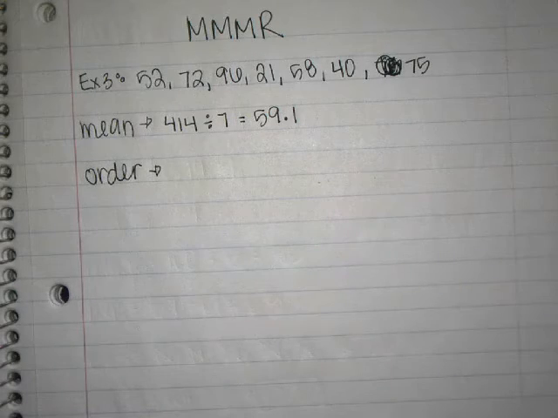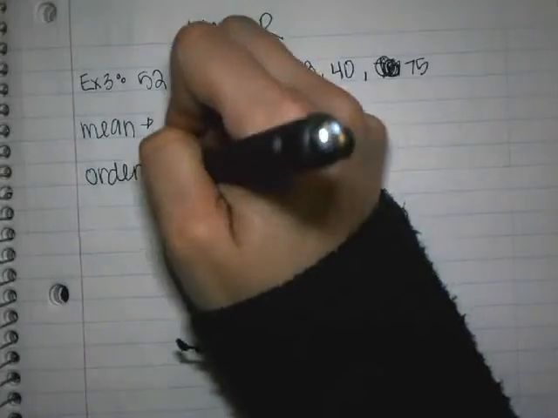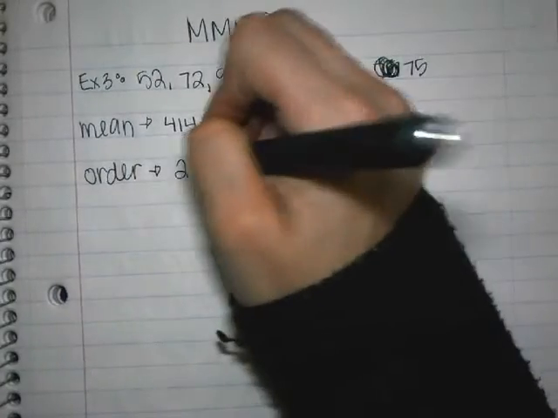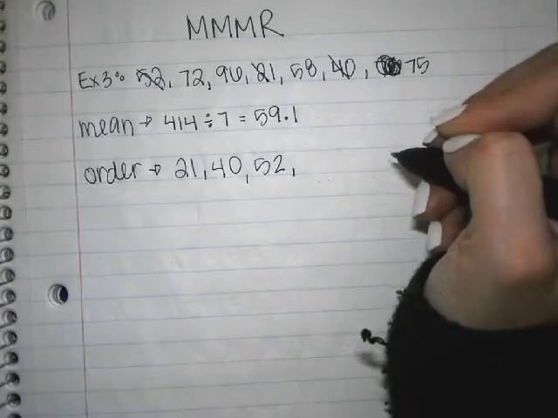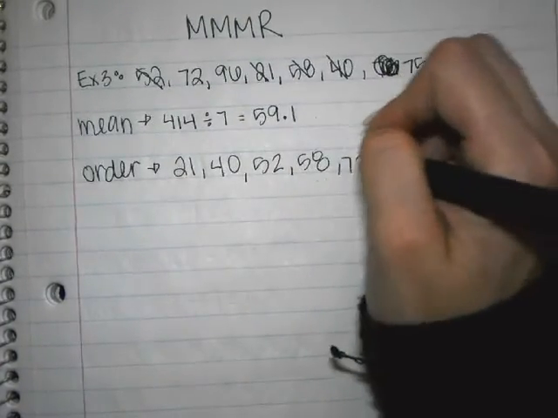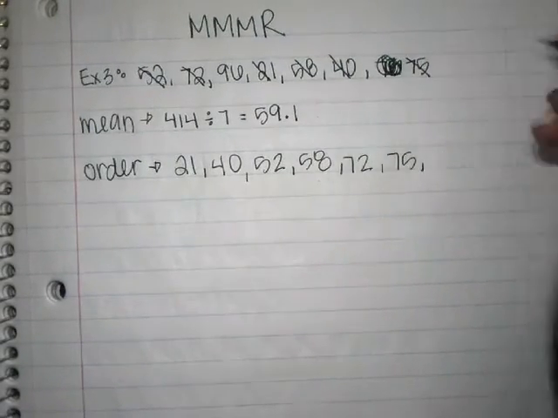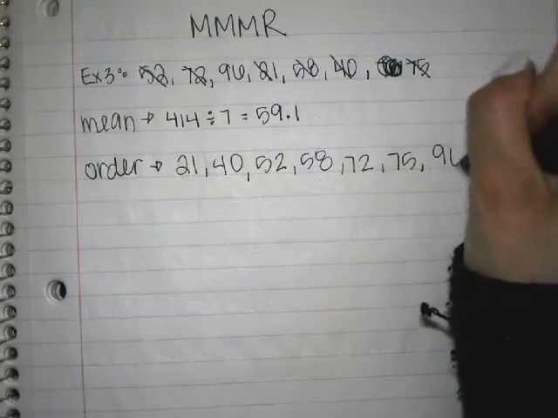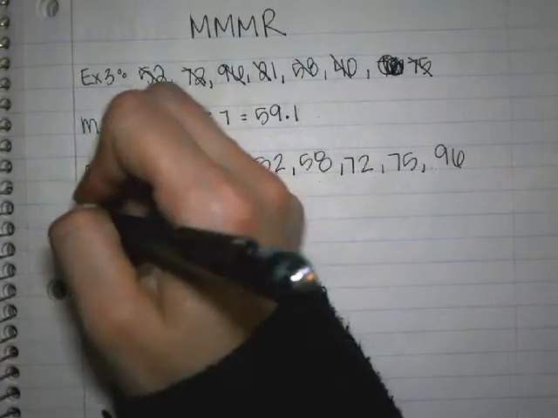Okay, guys, help me out. What comes first? 21. What comes next? 58. Next. All right, and there we go. Okay, find the median.